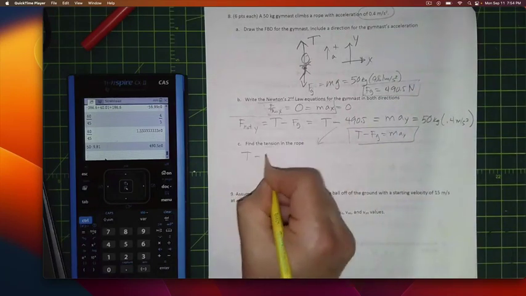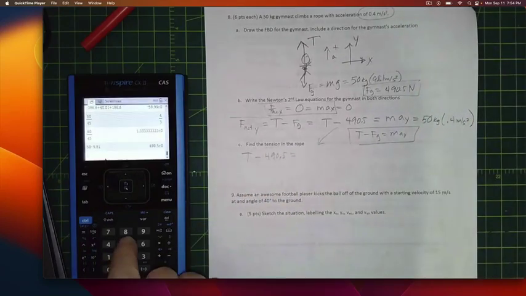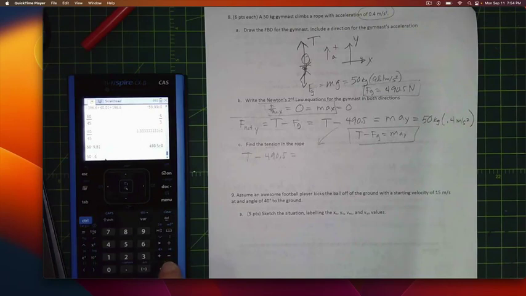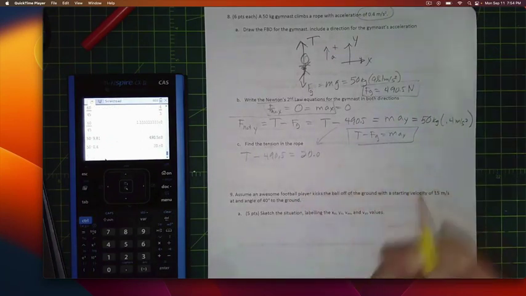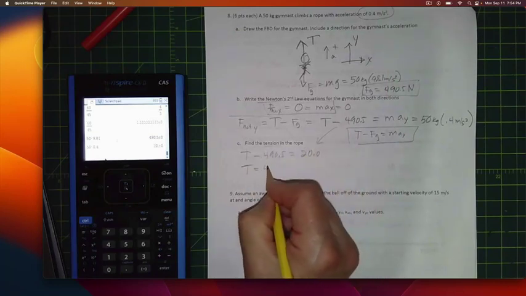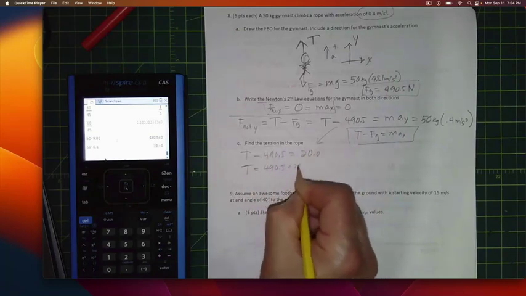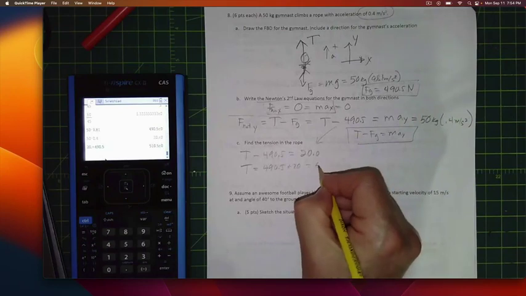So we've got T minus 490.5 equals 50 times 0.4. 50 times 0.4 is 20, yes. All right, so T, bring the 490.5 to the other side. 490.5 plus 20. 510.5.